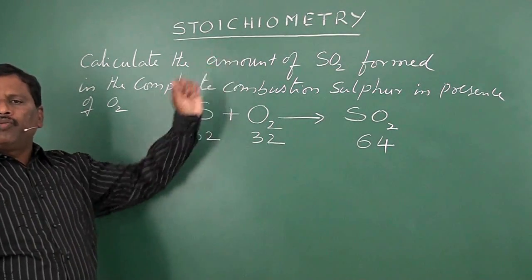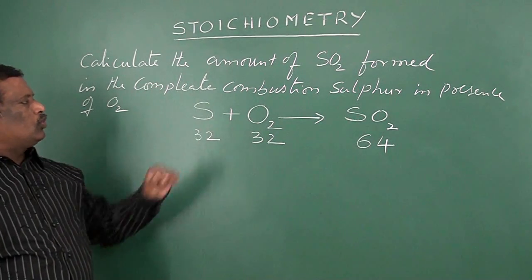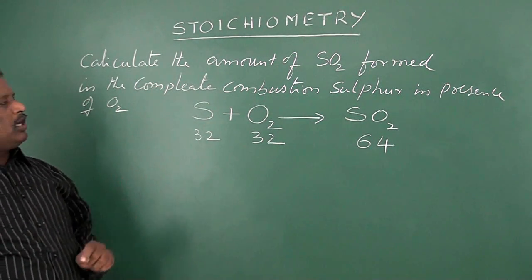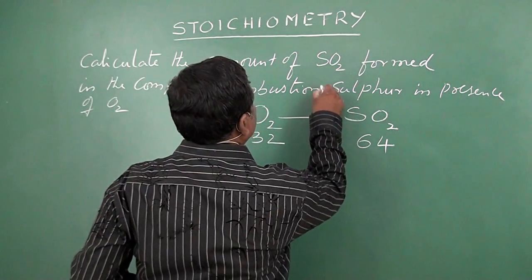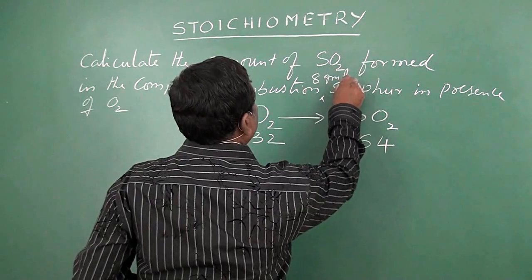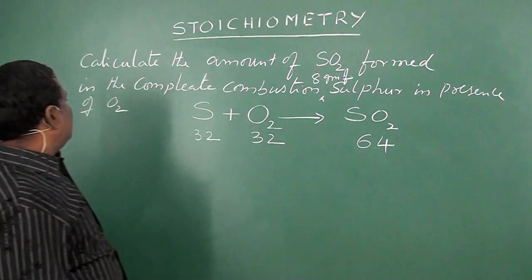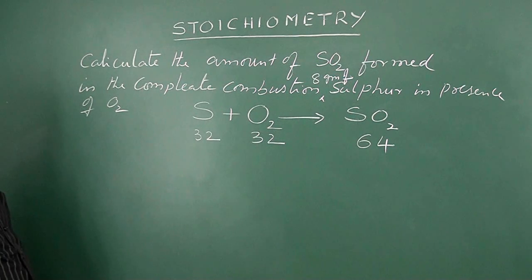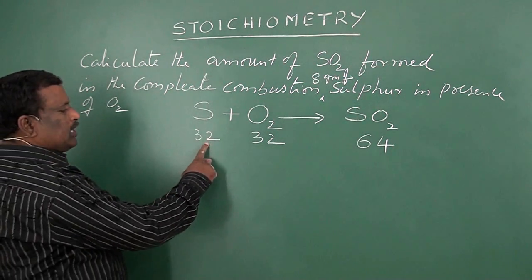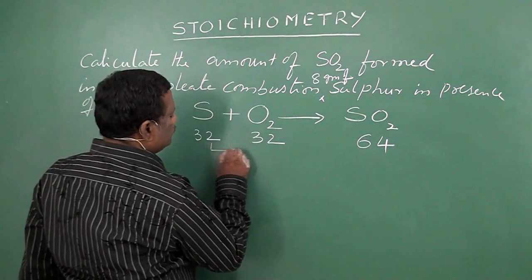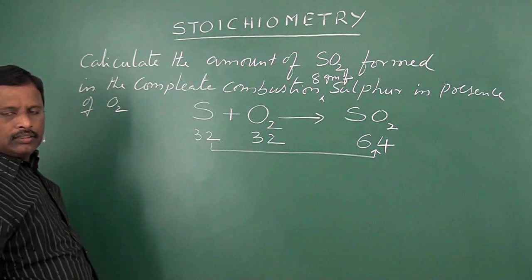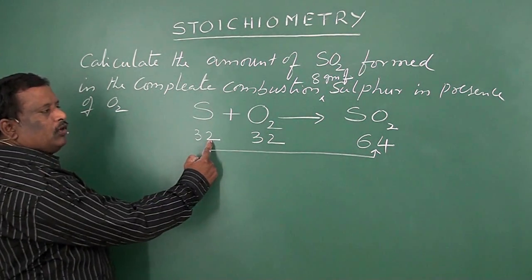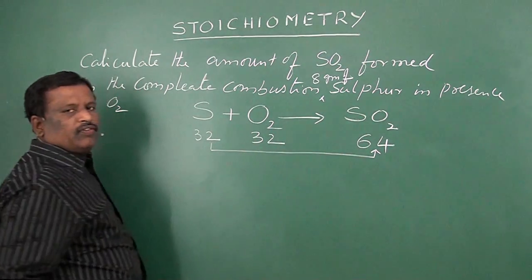So now study the problem once again. Calculate the amount of SO2 formed in the complete combustion of 8 grams of sulfur. So they are comparing the weight of sulfur with the weight of SO2. According to that, 32 grams of sulfur can produce 64 grams of SO2.